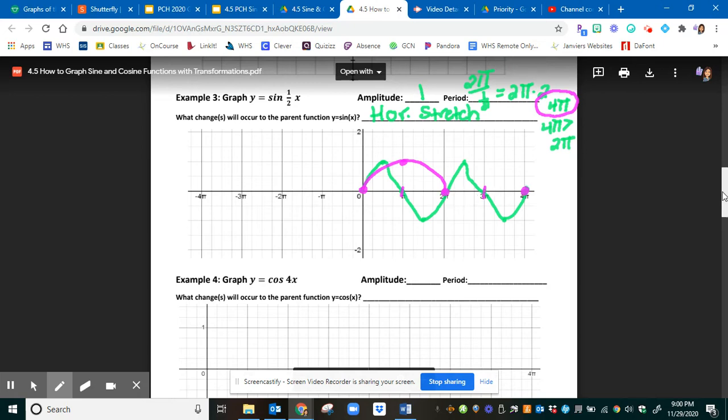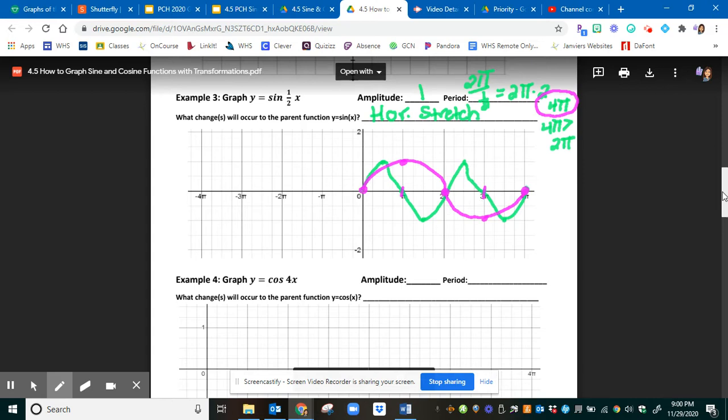So if I did 2 pi plus 4 pi, which is 6 pi, and then divide it by 2, that's 3 pi, which happens to be right here where I have my tick mark. And then I know that the y min should be down here at -1. And then I can follow on with my graph here. So there's my sine curve going from 0 to 2 pi, and then 2 pi to 4 pi, my hill and my valley with no amplitude change.